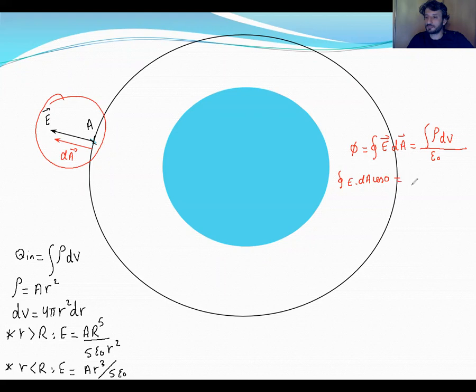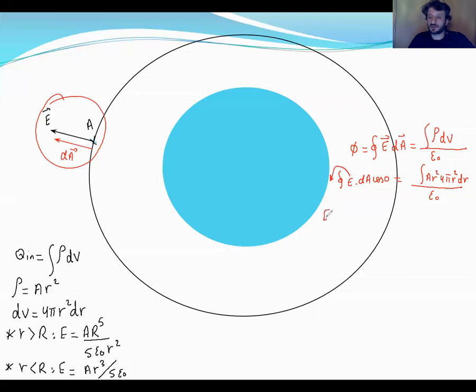Equals the integral of rho, which equals a r square, and dV equals 4 pi r square times dr, divided by epsilon 0. You know E is constant, so we can take its value out.